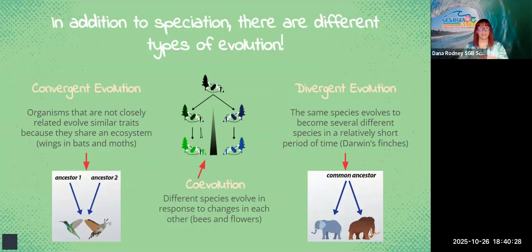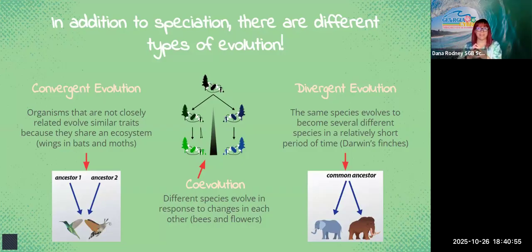Convergent, not related to one another at all, but because they live in the same area, they have developed similar traits. Divergent, on the other hand, is where one species, because of different factors, has diverged or split into several different species in a relatively short period of time.